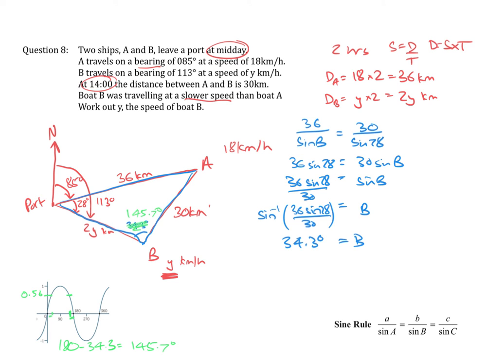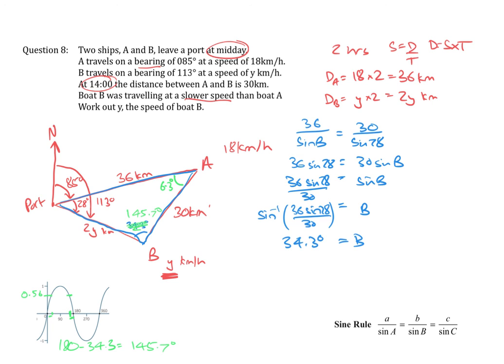It's an obtuse angle, so that means my distance between the port and B is going to be shorter than the distance between port and A. And now I know my missing angle up here. My missing angle up here now will be 6.3 degrees. I do 145.7 plus 28, take that away from 180, and I get 6.3 degrees.